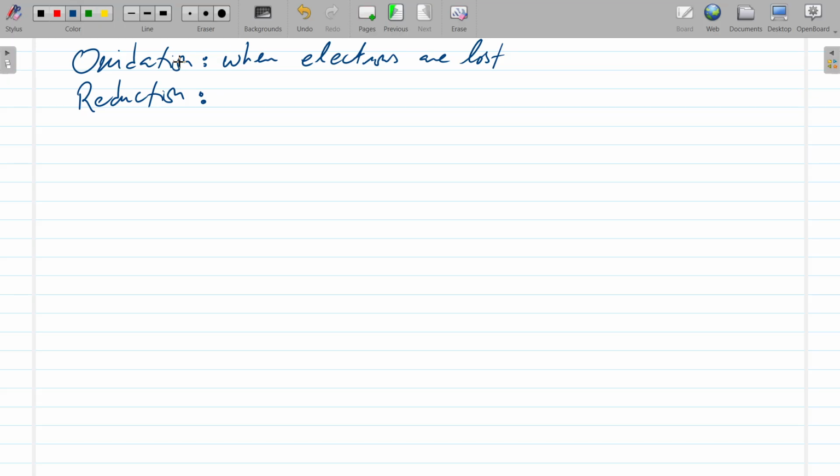If oxidation is the loss of electrons, then reduction is what? In terms of oxygen, it's the loss of oxygen, or when electrons are gained.